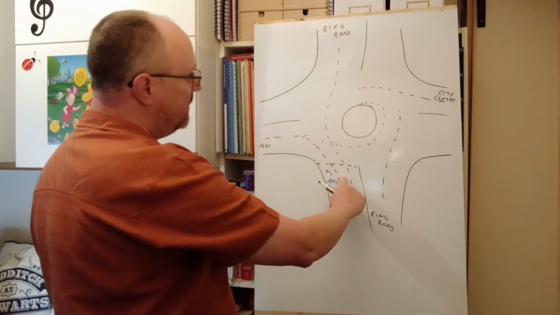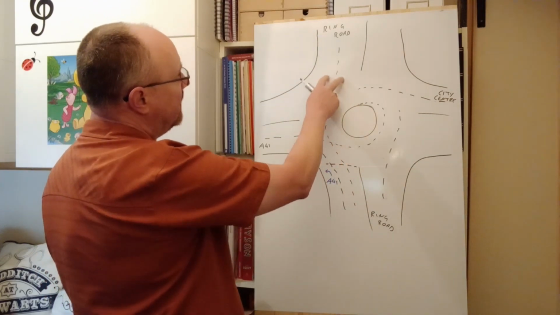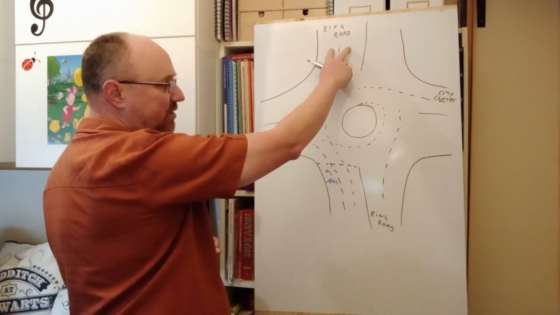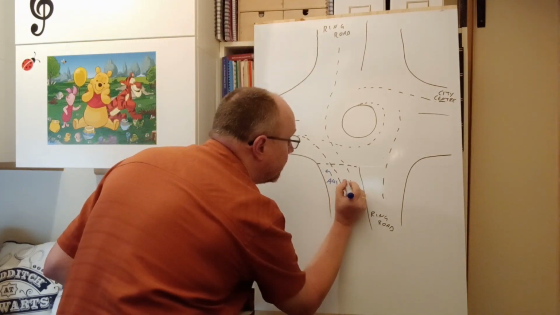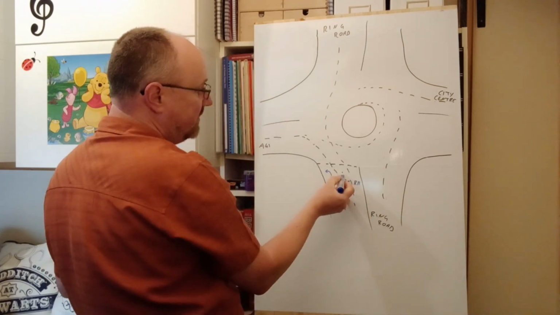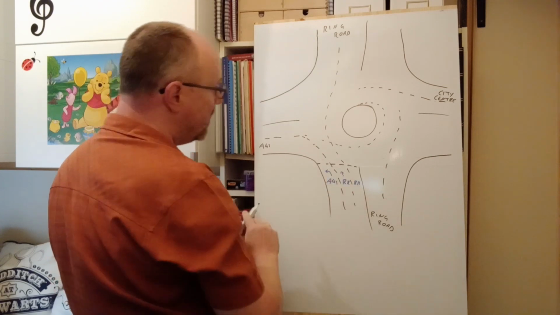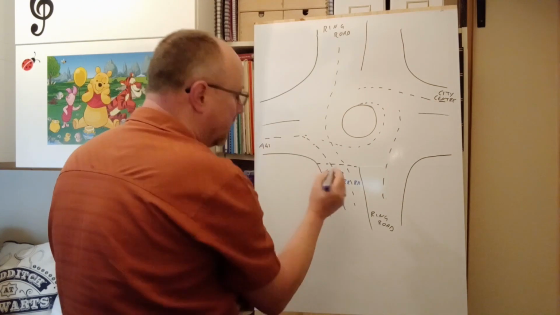The middle lane and the right lane, if we follow those lines, they both allow us to go to the ring road. Let's put RR for ring road. So this is going to have a straight arrow. It doesn't allow us to go anywhere else without crossing lines.